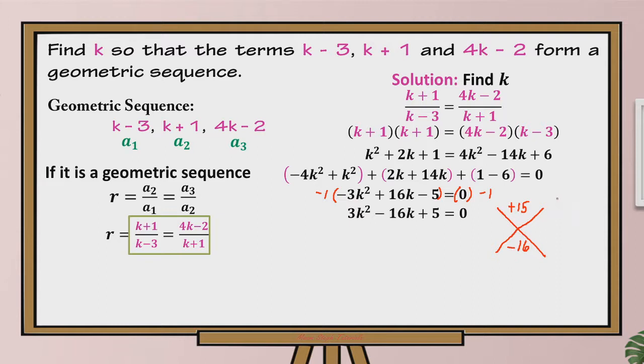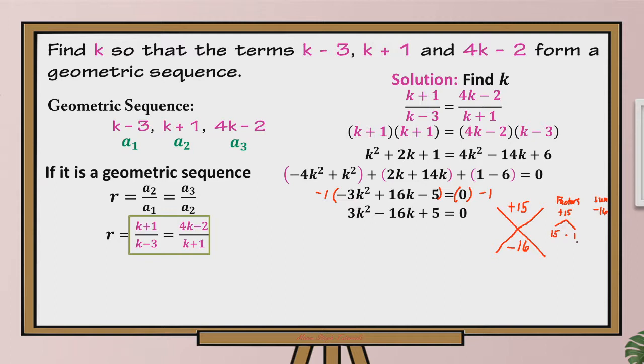So, ilalagay natin dito ang factors ng positive 15 na may sum na negative 16. Okay. So, kung ililista ko ang factors, since positive 15 to, pwede kong gamitin ang positive 15 times positive 1. So still, if I multiply these two numbers, 15 times 1, the result is positive 15.